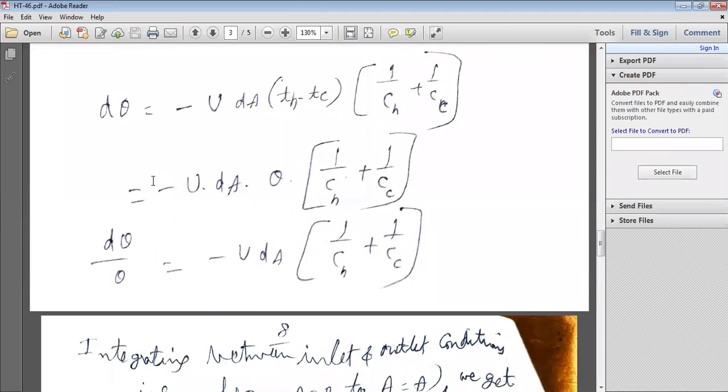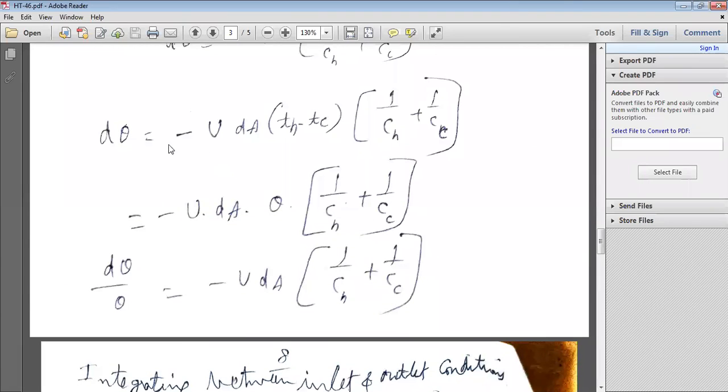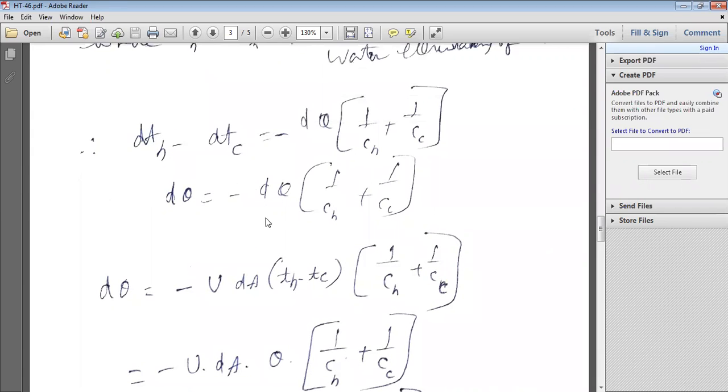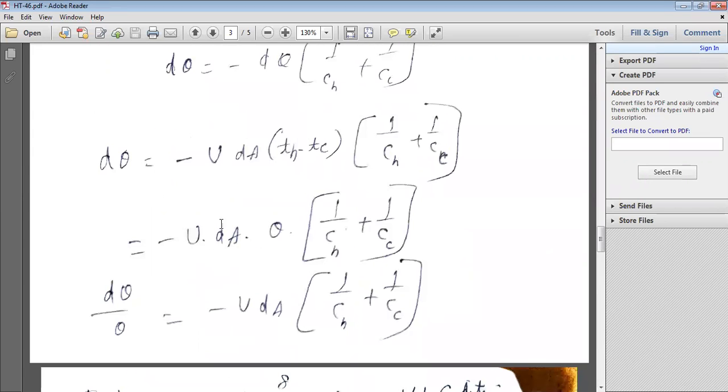That's why d theta is equal to minus U into dA into Th minus Tc into 1 by capital CH plus 1 by capital CC. Since Th minus Tc is equal to theta, the temperature difference of both the fluids, d theta is equal to minus U into dA into theta into 1 by capital CH plus 1 by capital CC.